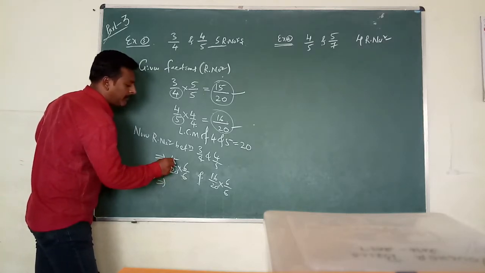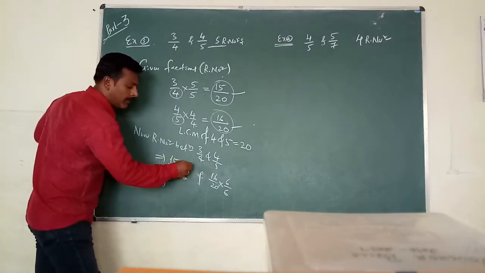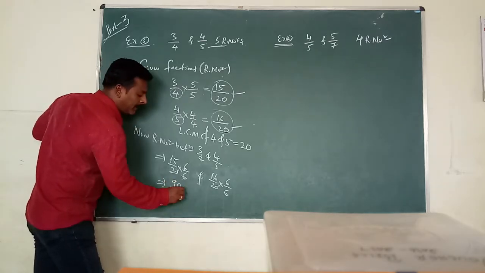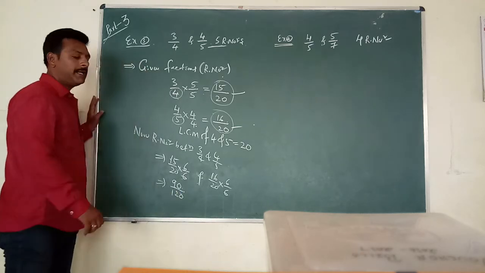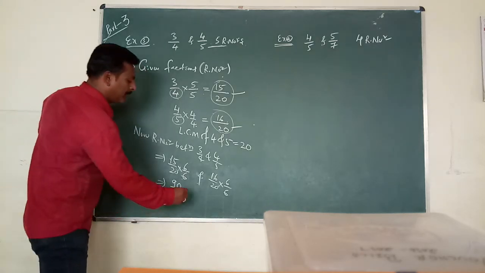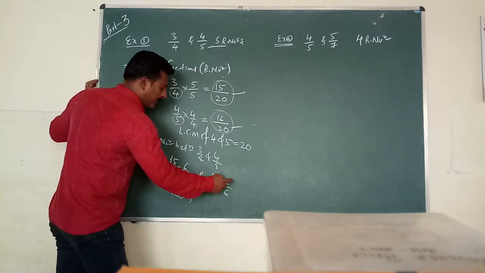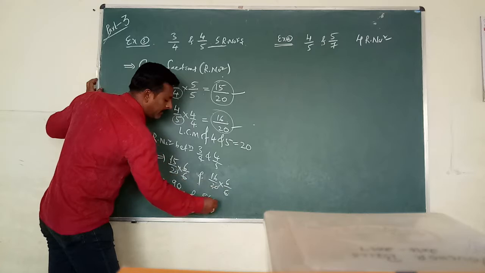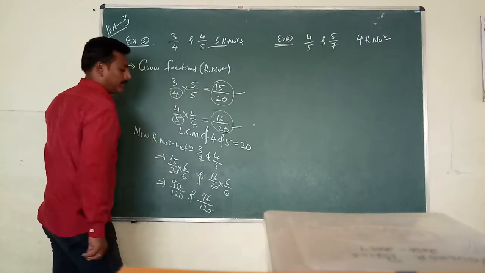This is equal to 15 times 6, which is 90, divided by 20 times 6, 120, and 16 times 6 is 96, divided by 20 times 6, 120.